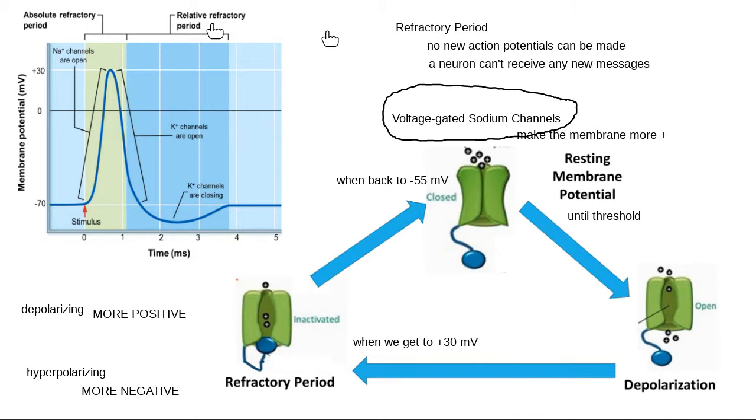Let me see, Christina, I'll get you in a moment here, Andrea. Christina says the difference between the absolute and relative refractory periods is that the absolute refractory period cannot generate a new action potential, and in the relative refractory period, we would be able to if the stimulus was strong enough. Yes, absolutely.